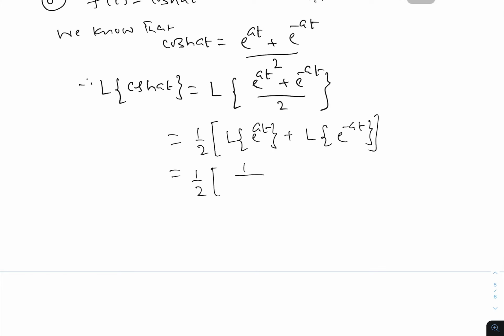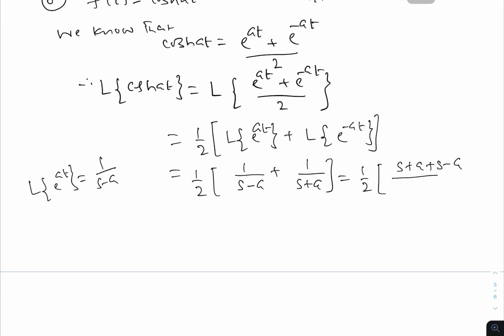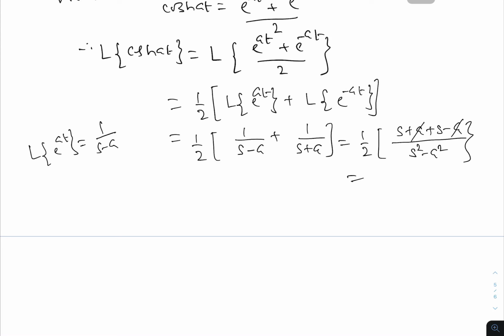Now standard Laplace transformation of e power at is 1 over s minus a. So this is 1 over s minus a, and Laplace transformation of e power minus at is 1 over s plus a. And so we can simplify this: this is s plus a plus s minus a over s square minus a square, and this is nothing but 2s divided by 2, so this is s over s square minus a square.